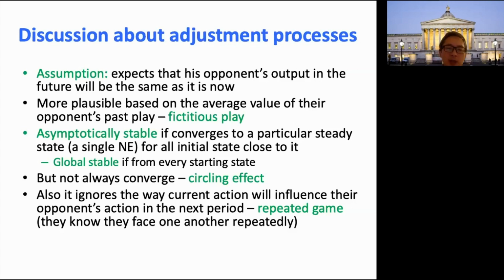And then this kind of argument about play converging to Nash equilibrium probably wouldn't be valid anymore. But there are two different situations. You have this long-term reward given your current action, and you're going to optimize the long-term accumulated reward. So in that case, it's the repeated game, Markov decision process and so on and so forth.